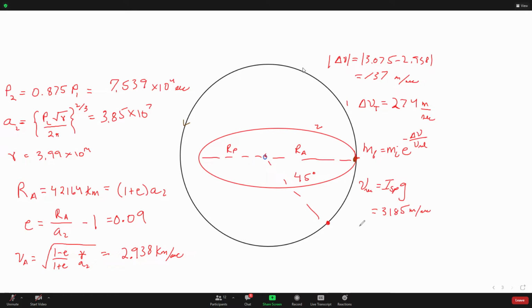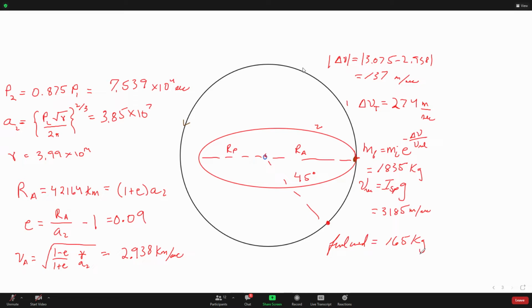So my final mass after I do this maneuver is 1,835 kilograms, which means that I had to use 165 kilograms worth of fuel. So the fuel used for this maneuver is 165 kilograms. That's actually a lot, right? I can't do too many of these maneuvers before I'm going to run out of fuel.